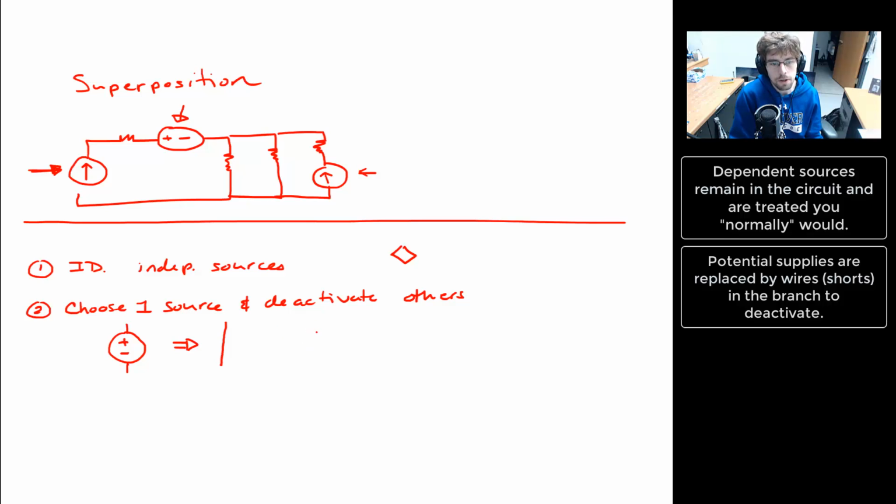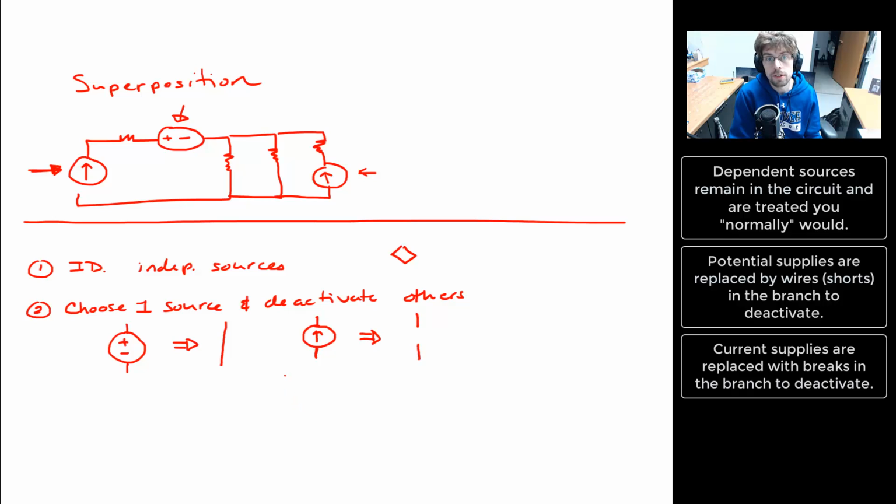For a current supply, again, we're trying to remove the influence of that current supply altogether. In other words, we don't want any current flowing through that branch. That's how we deactivate it. We remove its influence on the circuit. And so any current supply, you turn into a break.